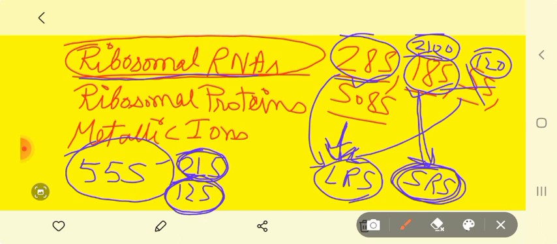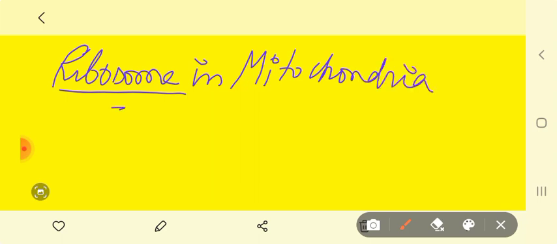The 21S rRNA occurs in the large ribosomal subunit, that is 35S, while the 12S rRNA is found within the small ribosomal subunit, or 25S. So in a simple manner, the ribosome found in mitochondria is 55S, divided into two subunits.